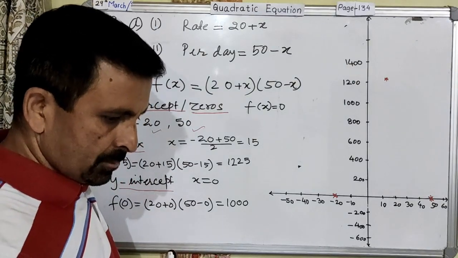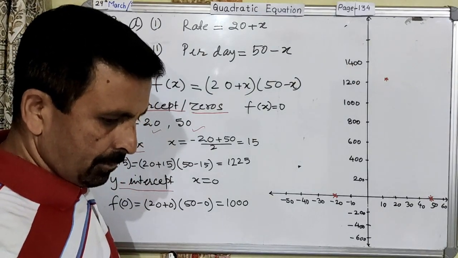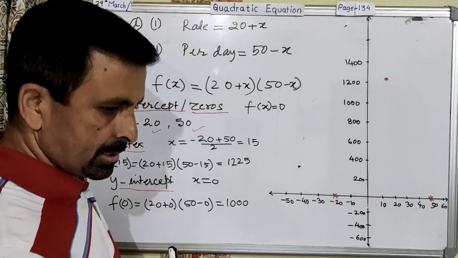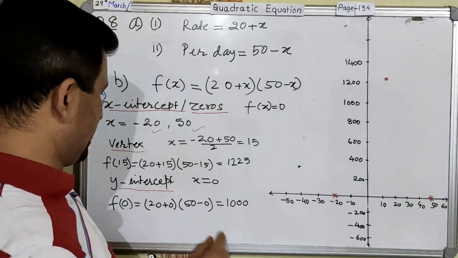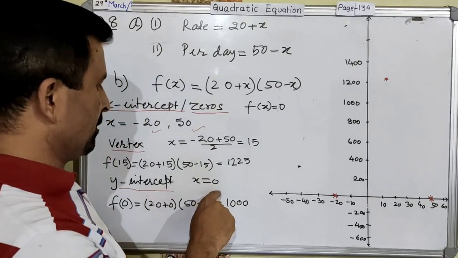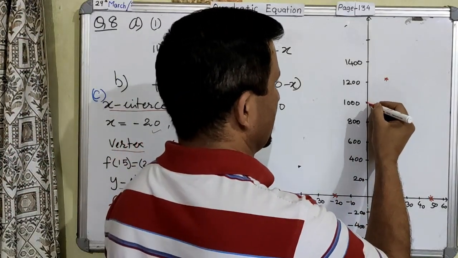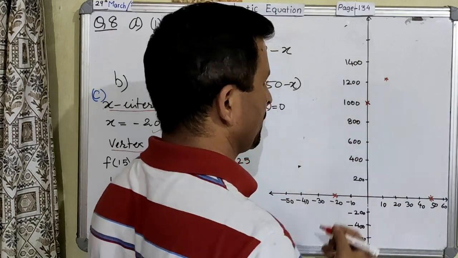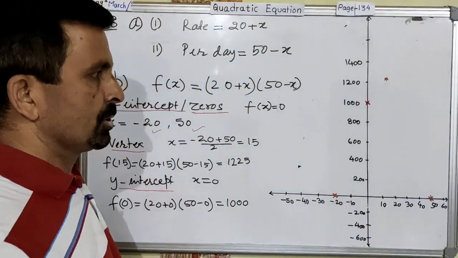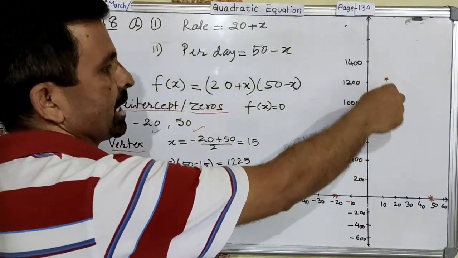Now the next one is the y-intercept. For the y-intercept, your x is 0 and y is 1000. So it is exactly this point. Got it now? So all the 4 points are marked.